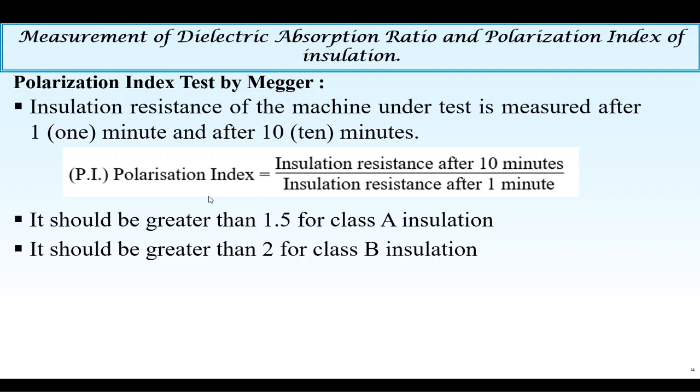The polarization index should be greater than 1.5 for class A insulation, whereas for class B insulation, it should be greater than 2. Like this, we can predict the life of insulation from this test. So here we can measure the dielectric absorption ratio as well as the polarization index of insulation by using the Megger.